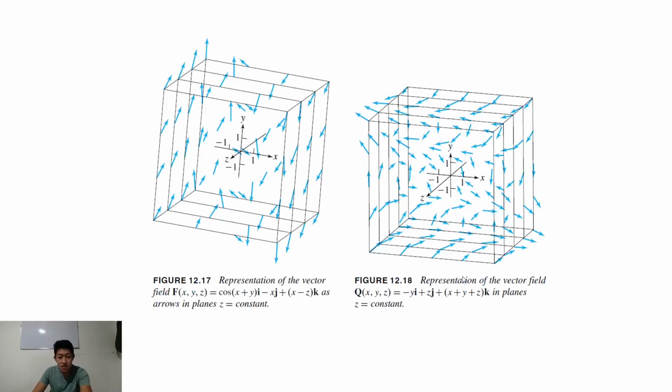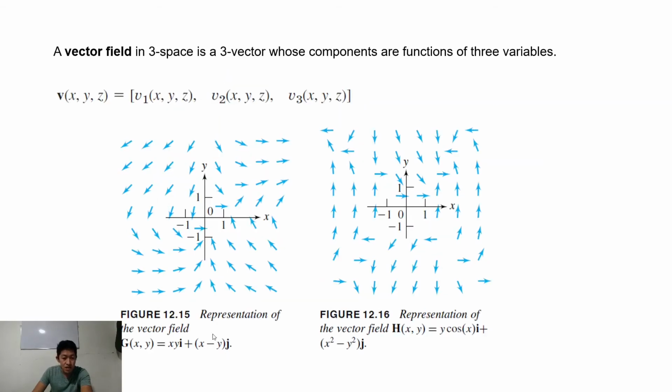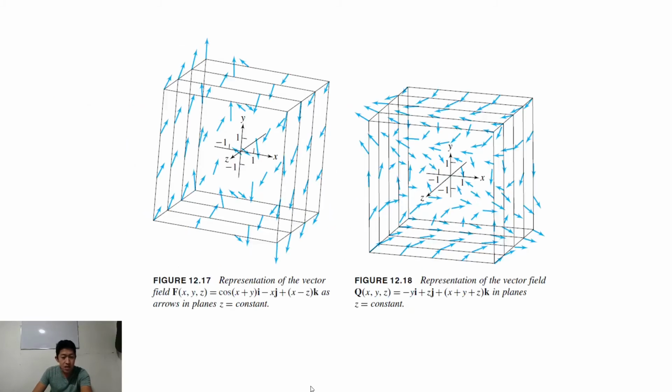Again, this one has only two variables, while this one has three variables, x, y, z. So you can plot it if you know the equation of the vector field.